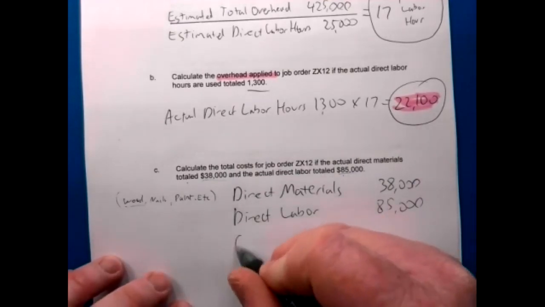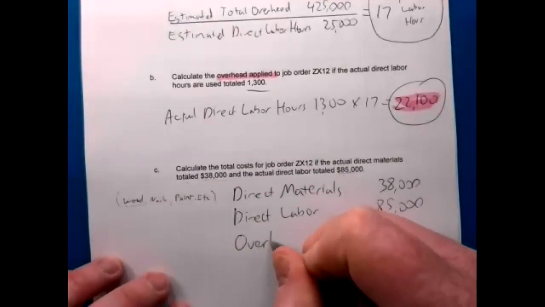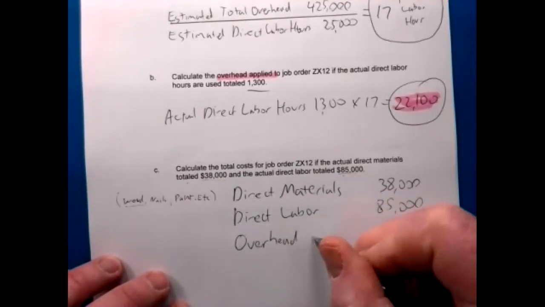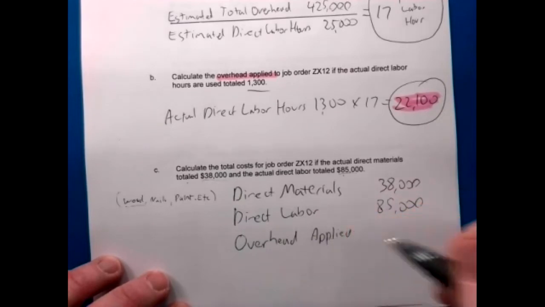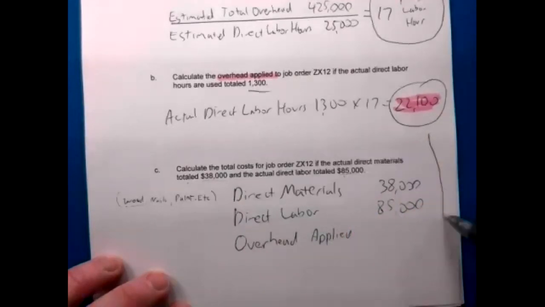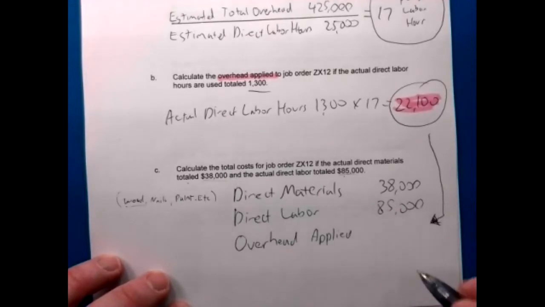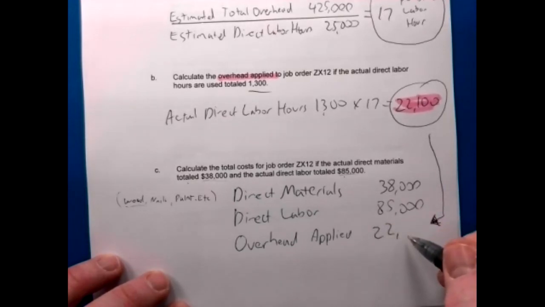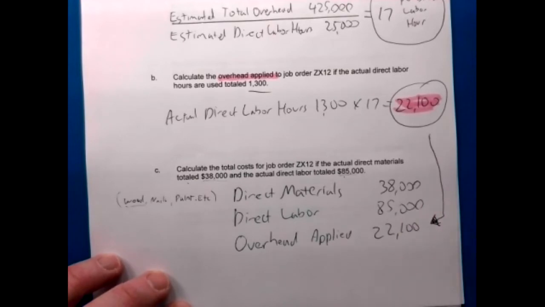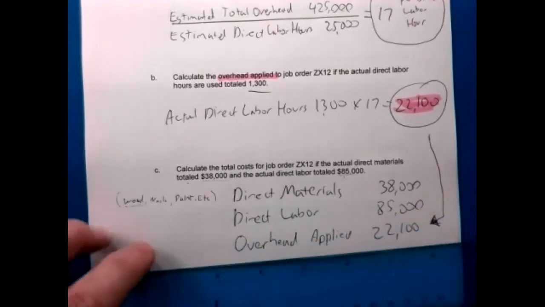And then the overhead. And this is going to be the applied amount. And my arrow doesn't look so good. But anyway, so that's 22,100. So this will be the total for this job.